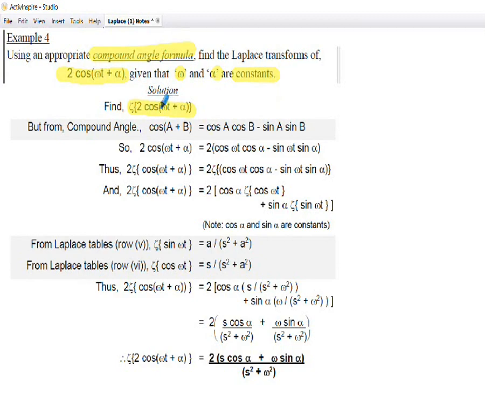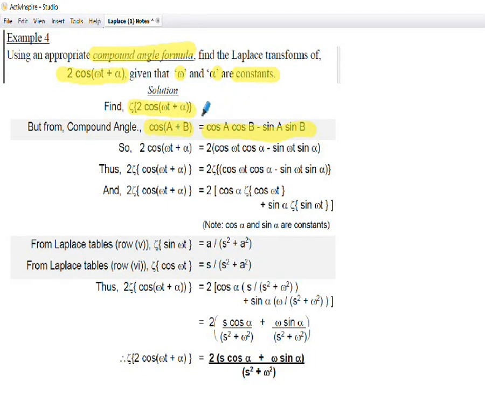Now if you look carefully, cos(omega t plus alpha) is actually in the form of cos(a plus b), where a is omega t and b is alpha. We are shown from the compound angle formula that the identity can be written as cos a times cos b minus sine a times sine b.